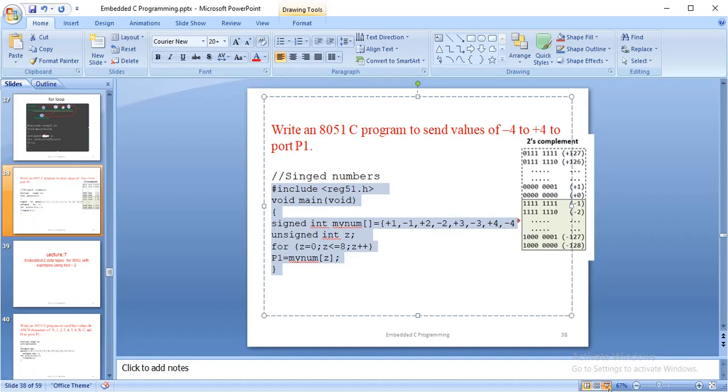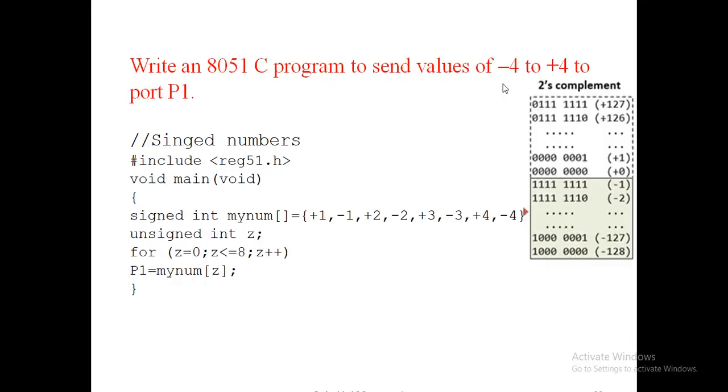There are three ways to represent negative numbers: one's complement, sign magnitude, and two's complement. Here, the Keil compiler and microcontroller support two's complement. The negative number has to be represented in two's complement. Again, you have to remember this, it is very important.